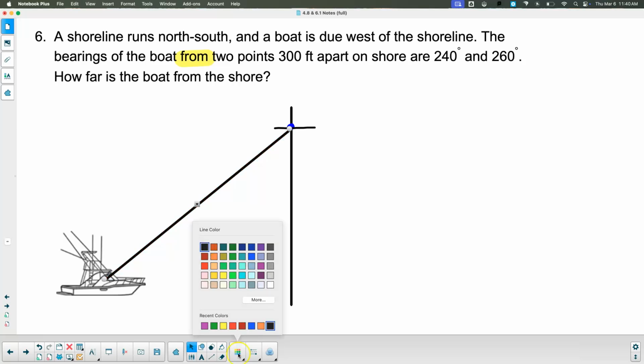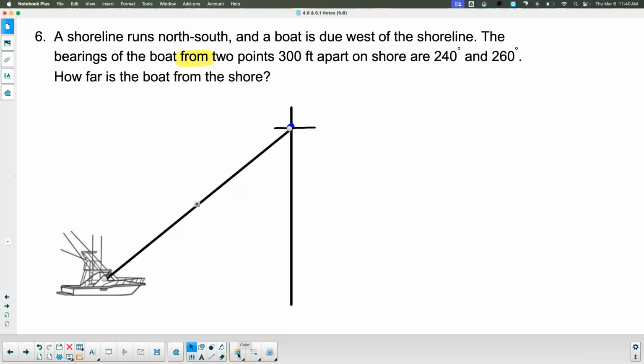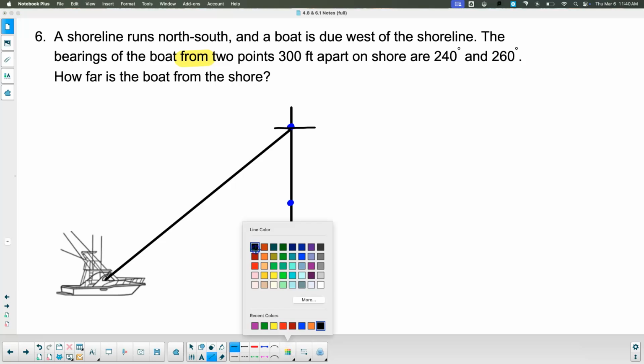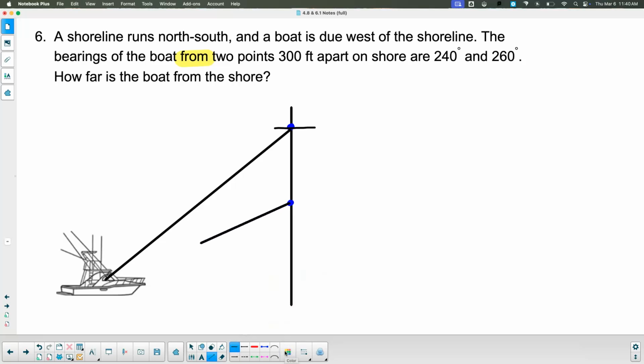If I put my other point here, then the bearing to the boat is there. Which one, top or bottom, has a bigger bearing? The bottom one, right? Because it has a bigger angle to get to the boat.